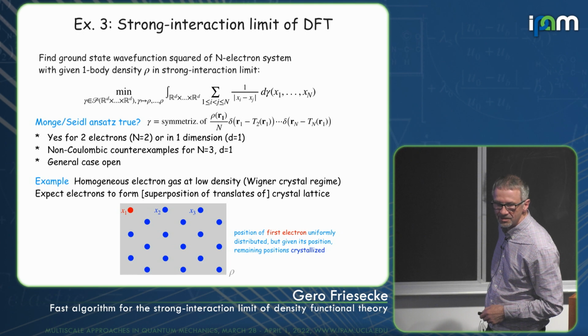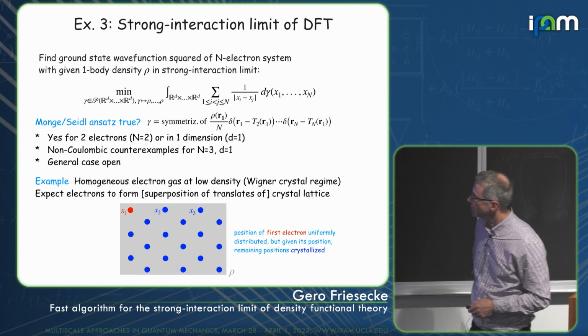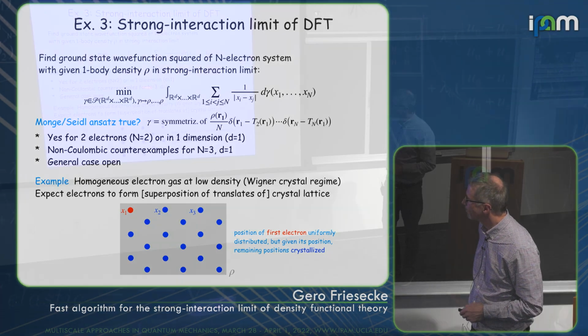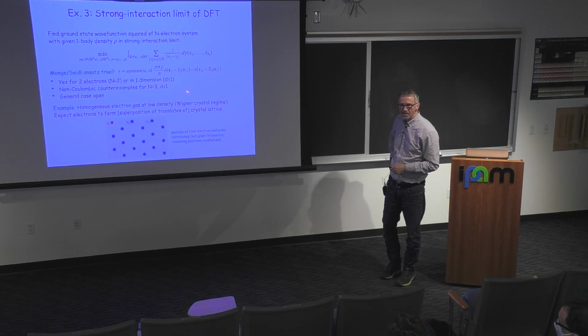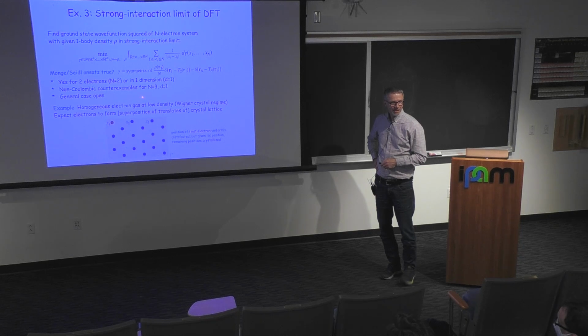Nobody knows whether this Monge / Seidel ansatz is true for Coulomb. In fact, there are non-Coulombic counterexamples as soon as you have either 3 or more marginals or the space dimension is bigger than 1.